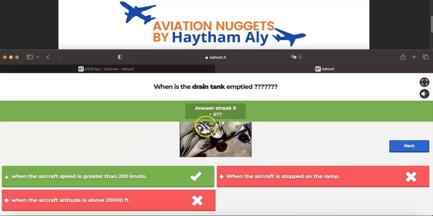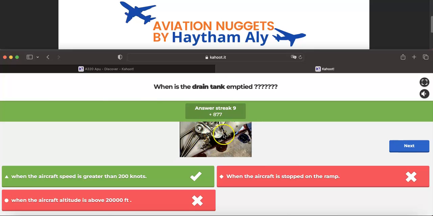This figure shows you the drain mast and the drain tank. Fluids from the APU are not accumulated in the APU compartment. Using drain pipes, they are drained into a drain tank, like fuel or oil. And the drain tank must be emptied through the drain mast.